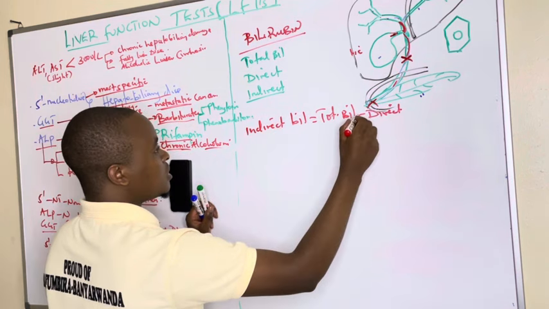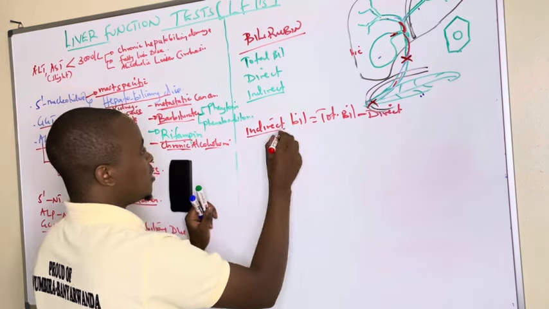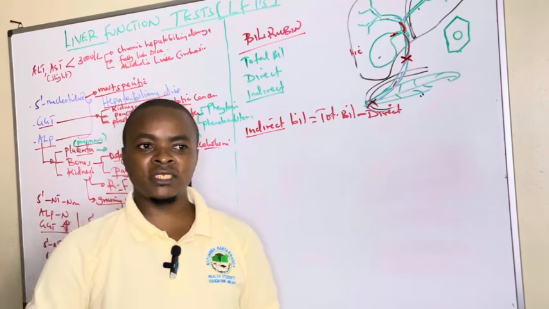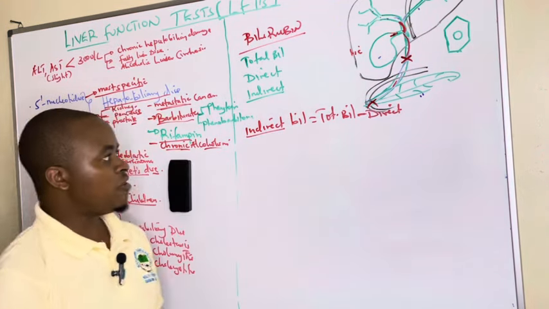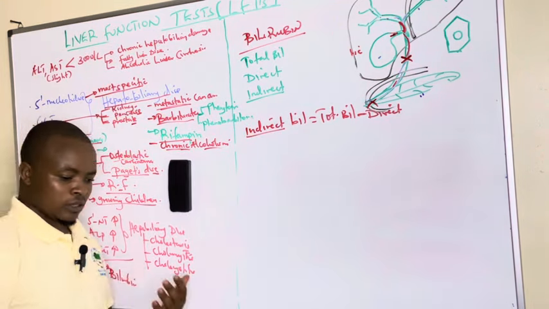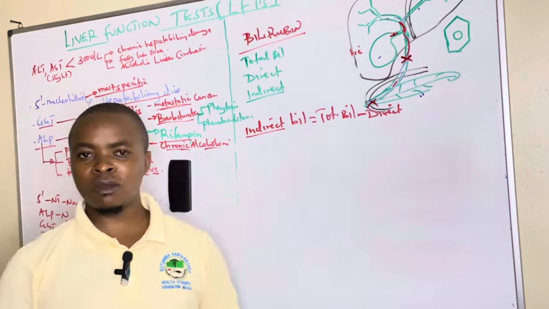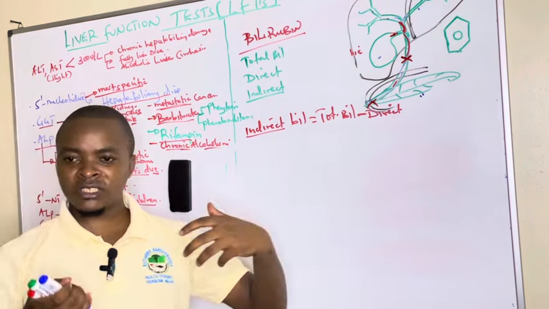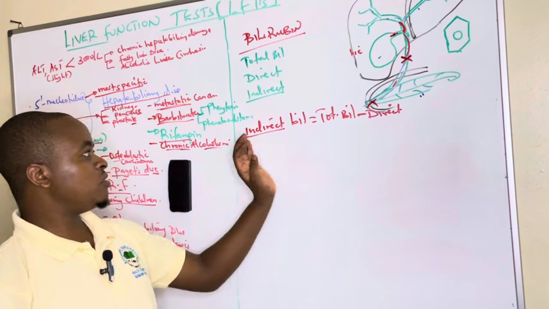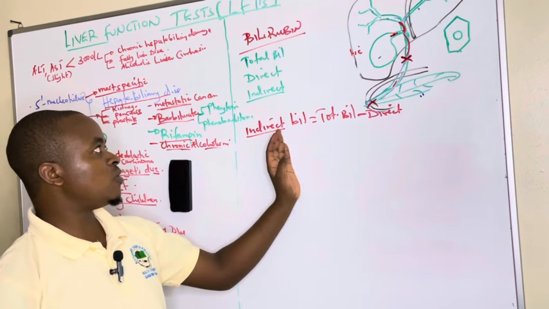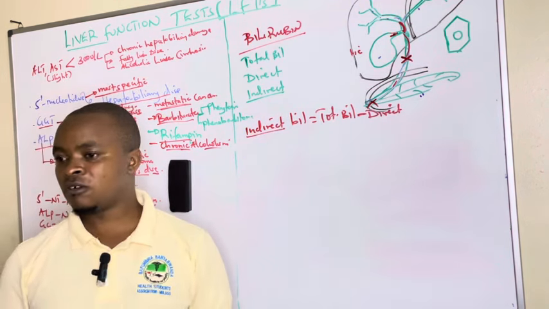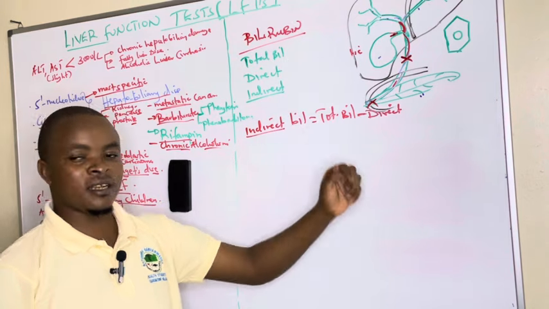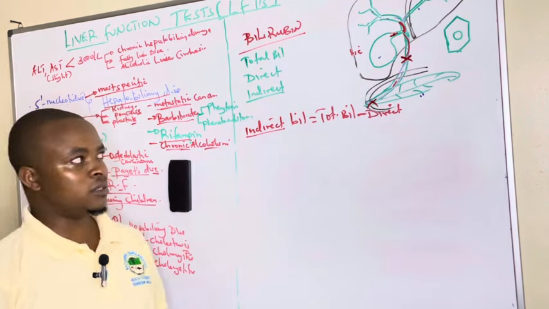So you can always use this formula to get the value, which is mostly asked for by the pediatricians in the neonates whenever we are monitoring the transition of hemoglobin F to hemoglobin A, whereby these neonates always have higher jaundice, and we can monitor them using what we call the bilirubin profile, whereby you do total bilirubin, direct and indirect bilirubin.